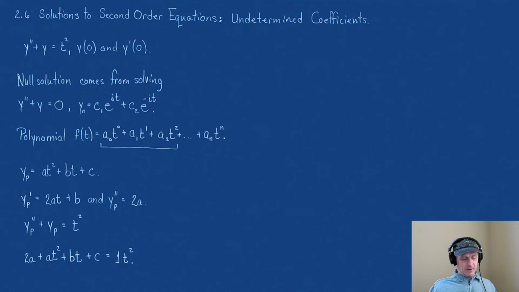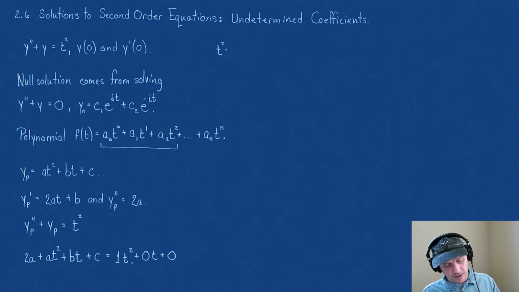Okay, so now what we do is, well, think about this also, we also could write this as plus 0t plus 0, and now we are going to match up our terms. So let's come up here. For t squareds, notice the only term that has a t squared is a t squared. So I'm just going to write the a, and that means that this a has to equal the 1.